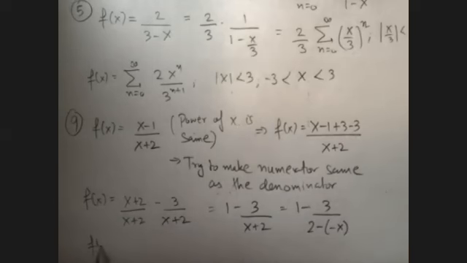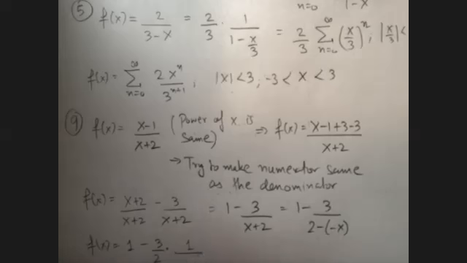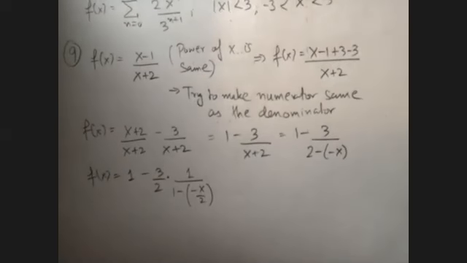So we always have to write it in this form, 1 over 1 minus something involving x. So this comes as we factor out a 2.